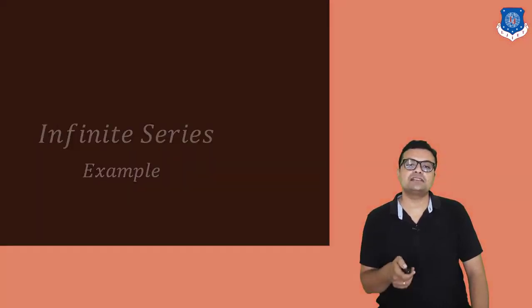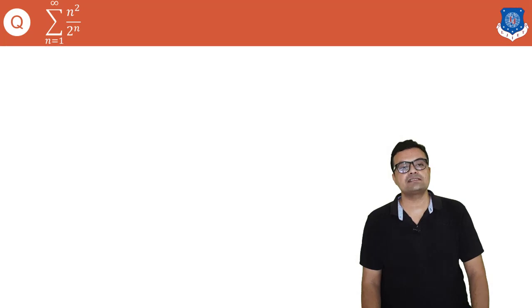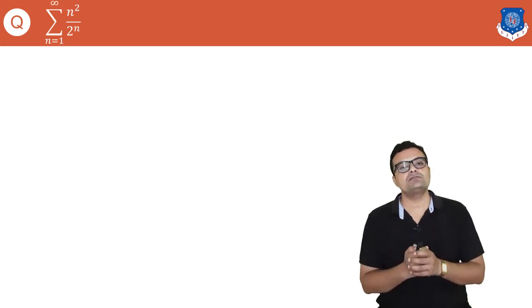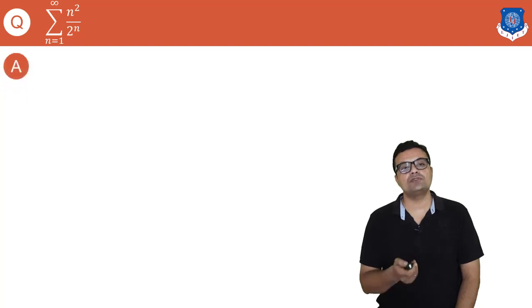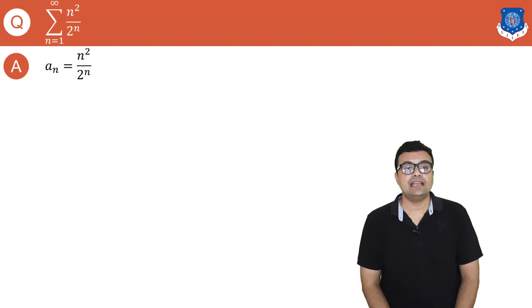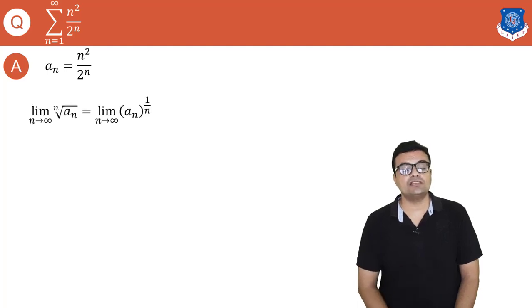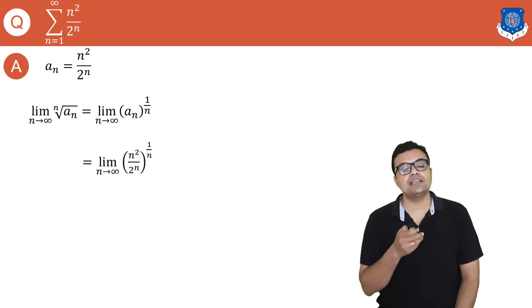Now let us see one example of the root test. For example, if I have the series n from 1 to infinity of n square upon 2 raised to n, and if I take un as n square upon 2 raised to n, then its nth root is given by the limit as n tends to infinity of n square upon 2 raised to n, whole raised to 1 by n.